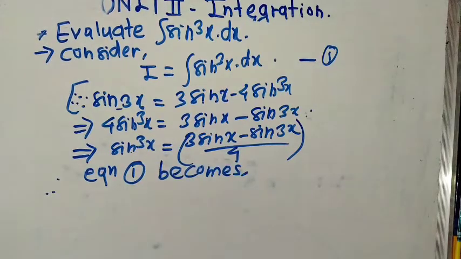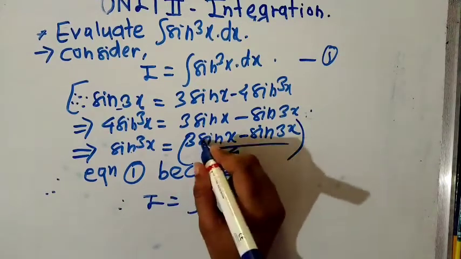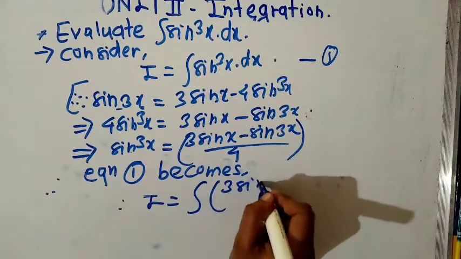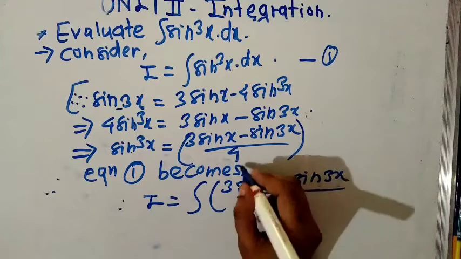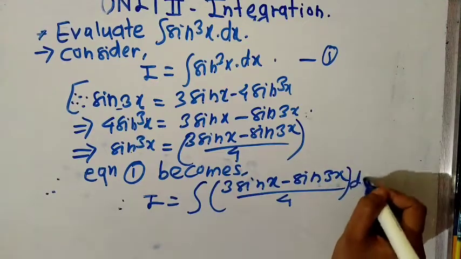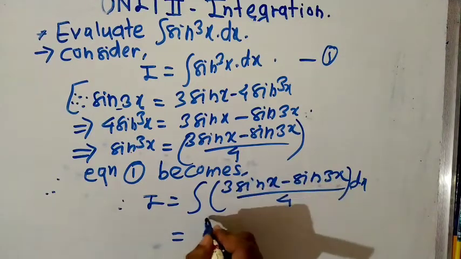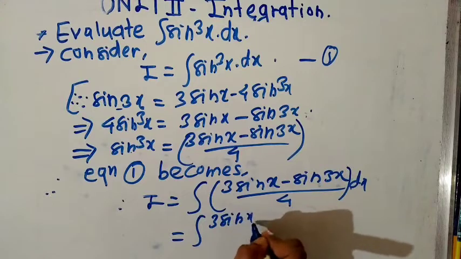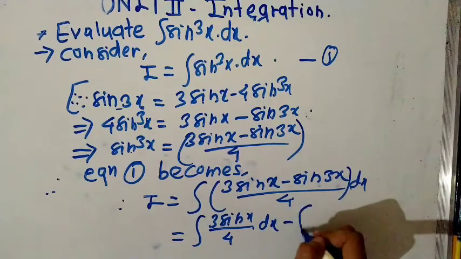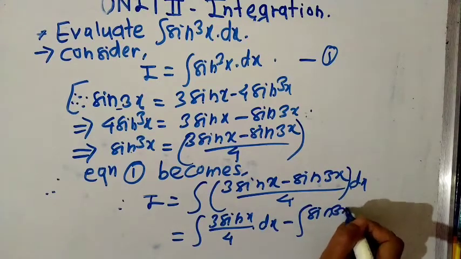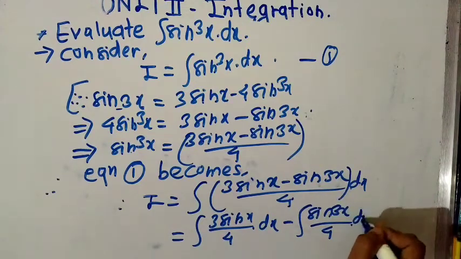put this value of sin cube x, hence I is equal to integration of (3 sin x minus sin 3x) upon 4 into dx. Then separate this: integration of 3 sin x upon 4 into dx minus integration of sin 3x upon 4 into dx.